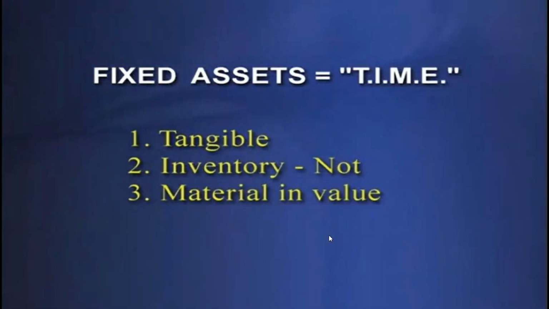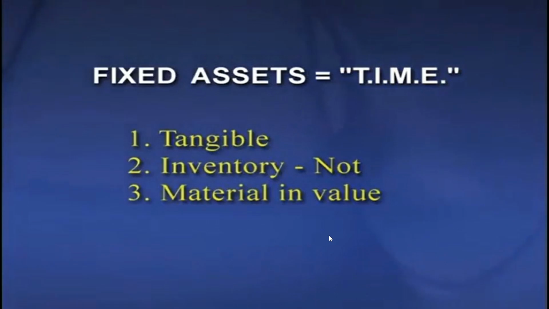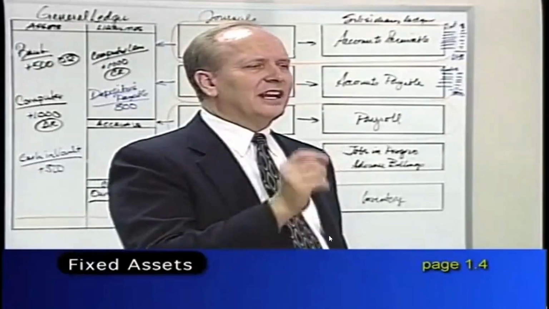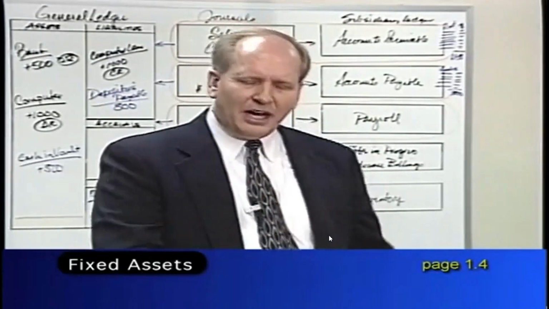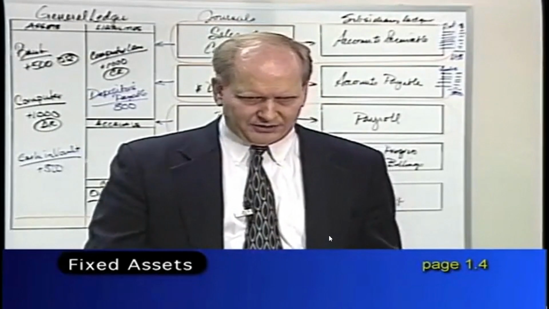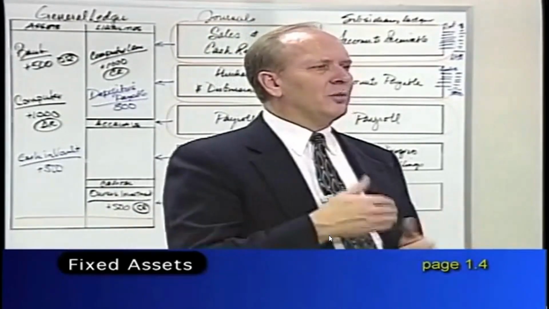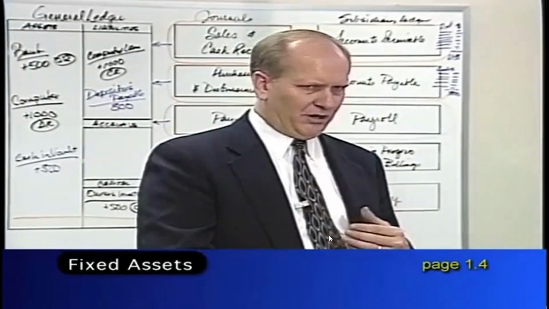In accounting, we refer to a set of principles called generally accepted accounting principles. It's abbreviated as GAAP. It's kind of the fundamental principles that we work on in the accounting process. And one of them is called materiality. Materiality says if it's not worth the effort, don't account for it.